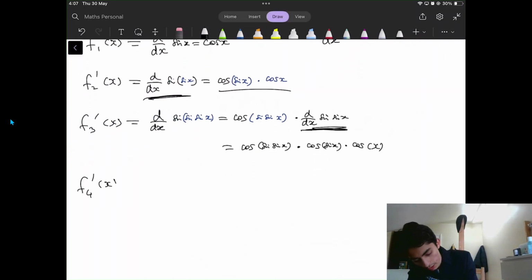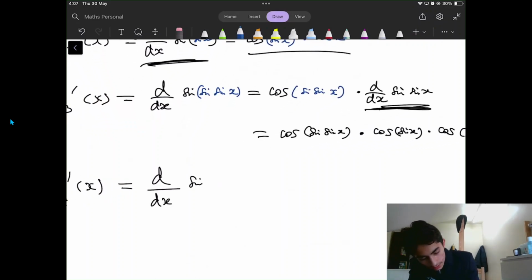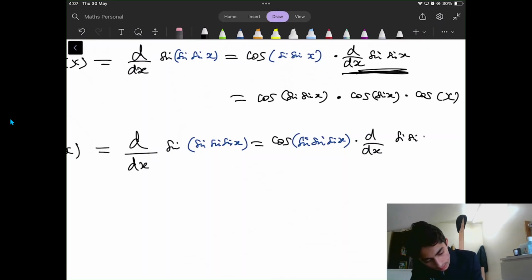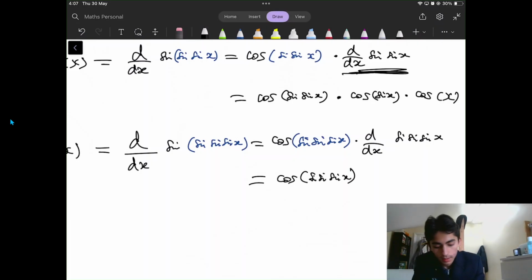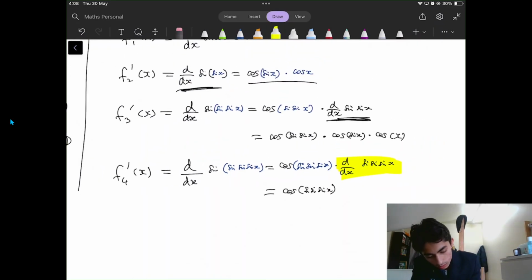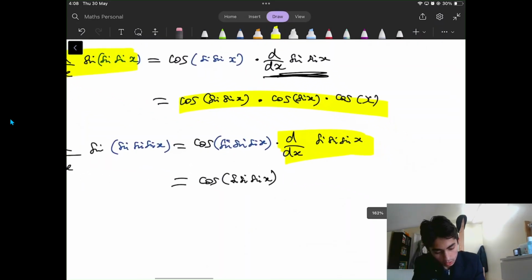Let's do the fourth iteration now. f4 prime is equal to d over dx of sine of sine of sine of sine of x, which equals cosine of the inside, multiplied by the derivative of the inside, which is equal to cosine of sine of sine of x, can't be bothered to write it properly, times d over dx of sine of sine of sine of x, which we already know to be this monstrosity here.